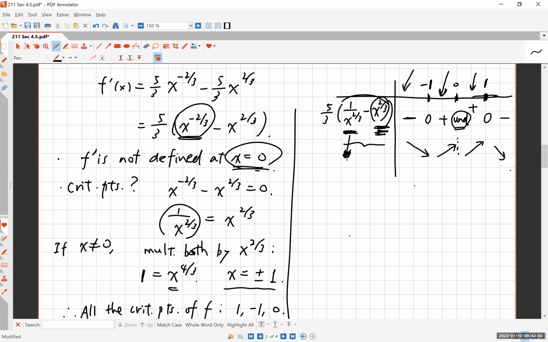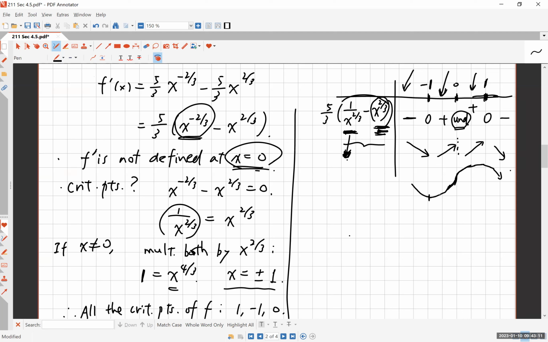And so the graph is going to look like this, and then goes up, and you have that tangent with an infinite slope, which is a vertical tangent, and then still increasing, and then eventually decreasing. So this is the shape of the graph.